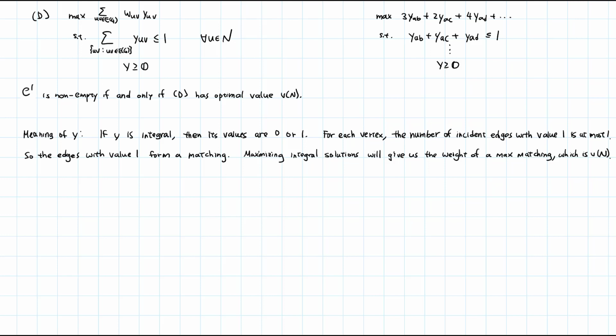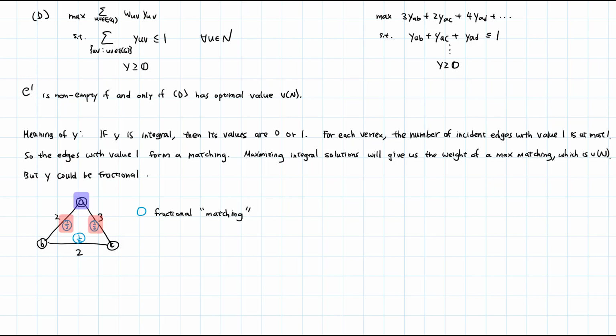But we did not consider all the possible feasible solutions for the dual, and that is because Y could be fractional. Take a look at the triangle example again. If we assign 1/2 to each of the 3 edges, then the sum around each vertex is 1, so it is feasible. So feasible solutions to D are generalized matchings.